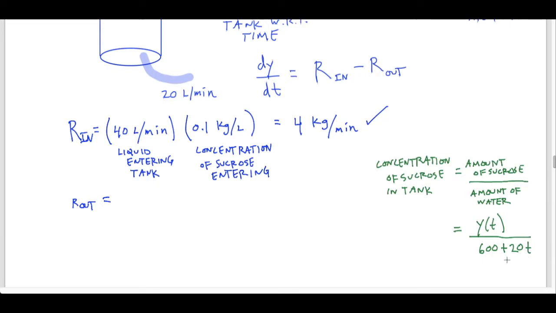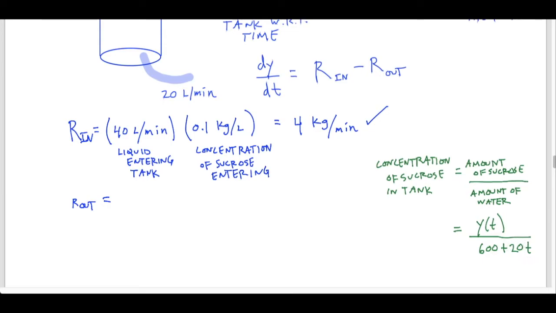I've written the denominator as 600 plus 20t. Remember that the tank started with 600 liters of water, and we've already noted that if 40 liters of water are entering every minute and only 20 liters of water are leaving, then overall the amount of water is increasing by 20 liters per minute. So I had an initial amount of 600 plus an additional 20 liters every minute.